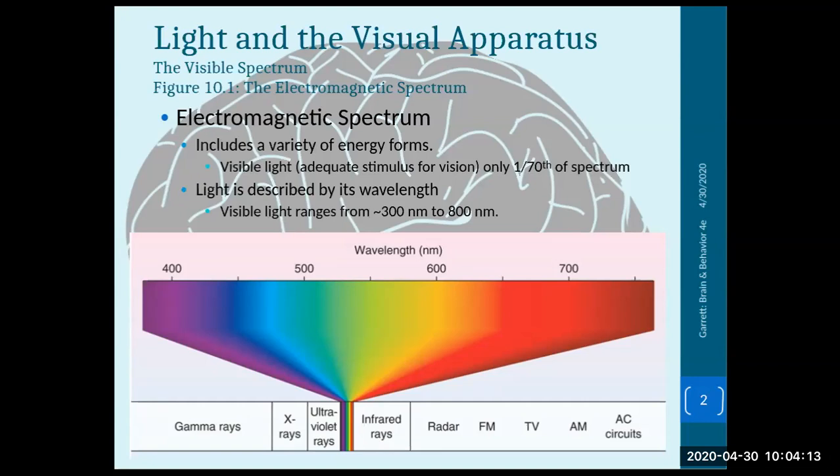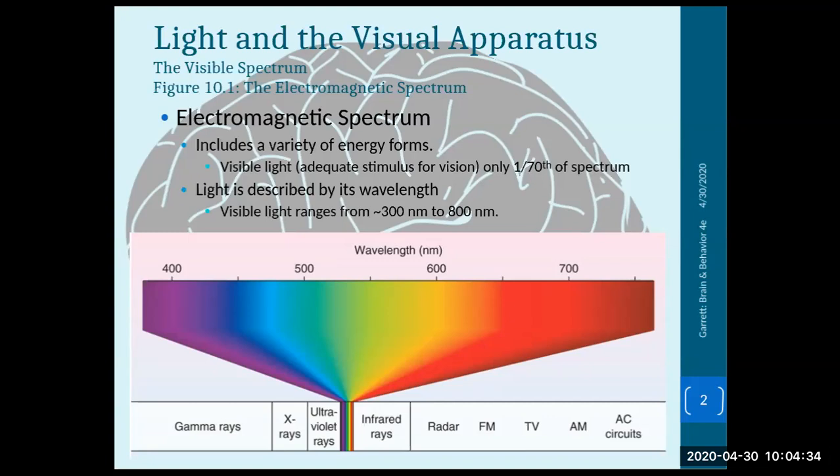So as you see here, what we're actually seeing as far as visible light, which is the adequate stimulus for the eyes and for vision, is only about 1/70th of the entire spectrum. In fact, radio waves and waves that create sound we can hear that come from radios and things like that are actually part of the same spectrum.